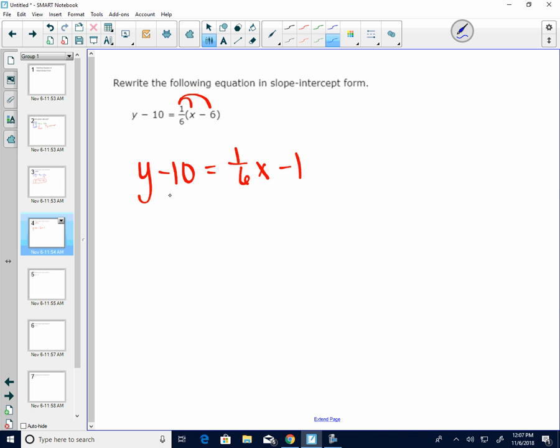This happens to be a negative 10, so the inverse operation of subtracting is to add. So now y is by itself, but if I added 10 on the left side of the equal sign, I must add 10 to the right side. So the 10 and the negative 1 can combine. They are like terms. So 1/6x and the negative 1 plus 10 is a positive 9.